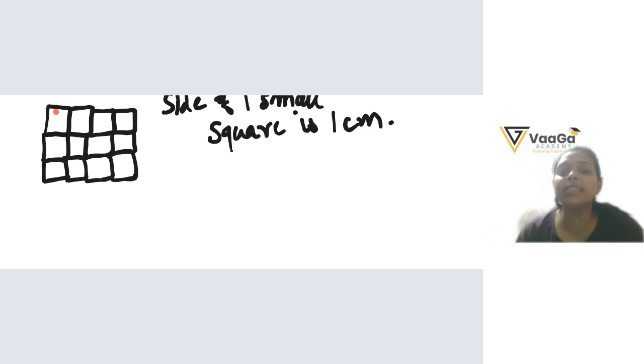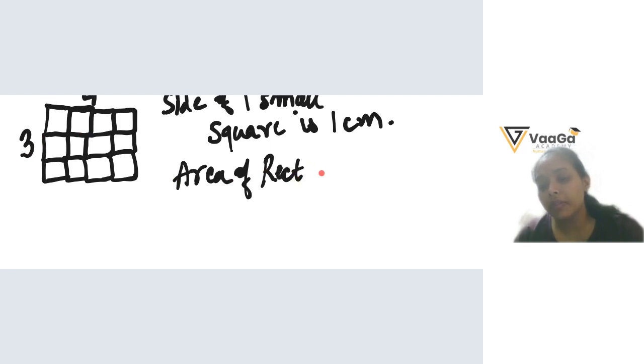So if it's a rectangle, what is the length of the rectangle? 1 centimeter for each small square. Right. So this is 1, this is 1, this is 1, and this is 1. The total will be 4. So the length is 4. What about the breadth? Breadth will be 3. So what will be the area of the rectangle?